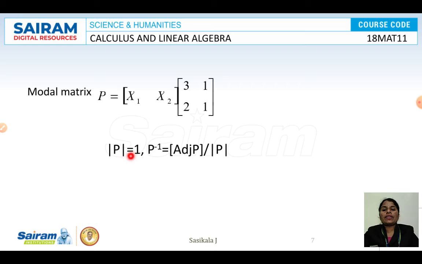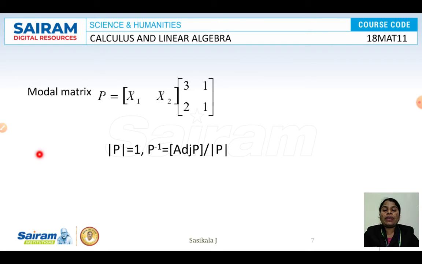From 3, 1, 2, 1, the cross multiplication gives the determinant of P as 3 minus 2, which is 1. Then P inverse is equal to the adjoint of P by the modulus of P. The determinant of P is 1.